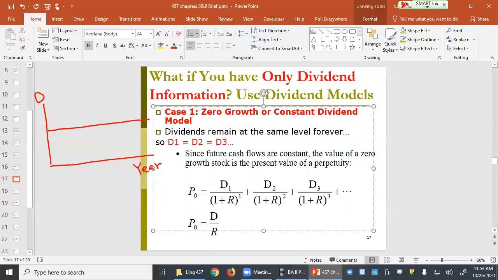The dividend is constant. It does not grow. So either 0 growth or constant dividend model is fine. In this case, your D1 equals your D2 equals your D3. They are all the same.